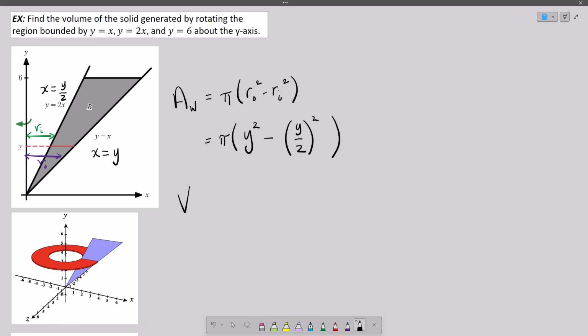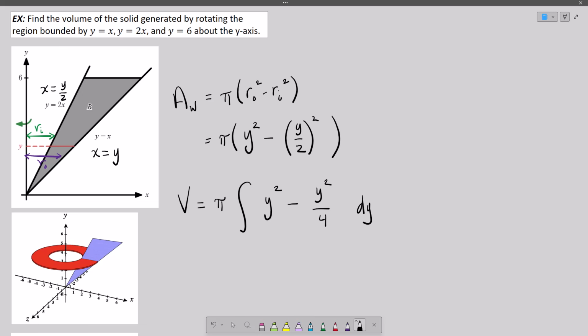And then we hop down to our volume. We will have y squared minus y squared over 4 dy. And then our limits of integration are coming from the y-axis. They tell us that our upper curve is y equals 6.